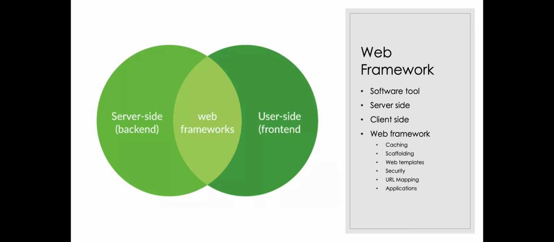Security. The framework itself is authentic and authorized. URL mapping. That helps you with indexing with the search engines. Applications. It supports most common web apps like blogs, forums, general purpose websites, or even content management systems and others.